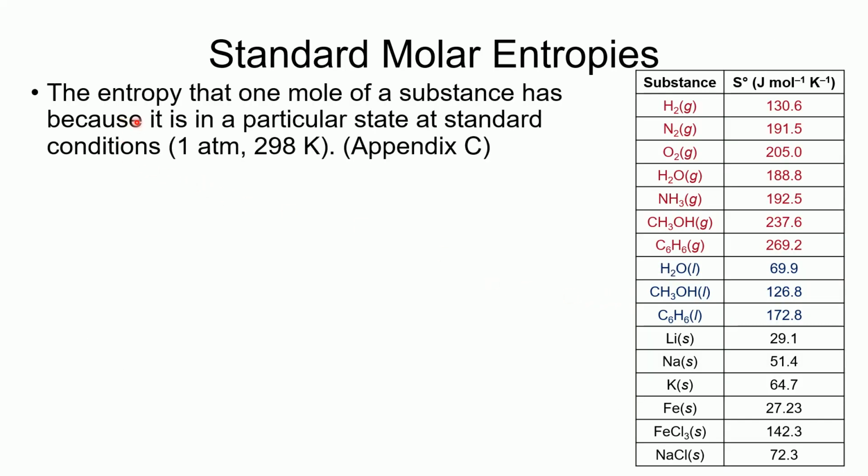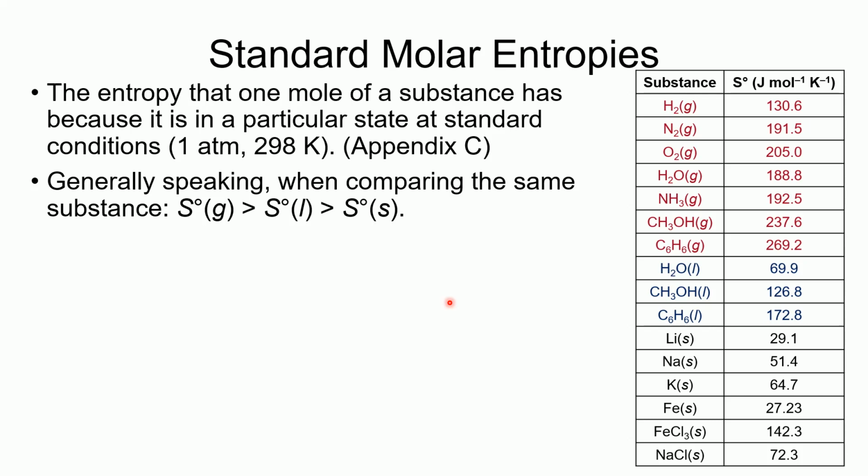So the entropy that 1 mole of a substance has because it is in a particular state at standard conditions, and again, standard conditions are if it's a gas at 1 atmosphere, if it's in solution at 1 molar, and then always the temperature is at 298. That is standard conditions. We have these values in Appendix C, and I will pull up Appendix C here in just a moment, but I'm going to just show you a small sampling of these right here.